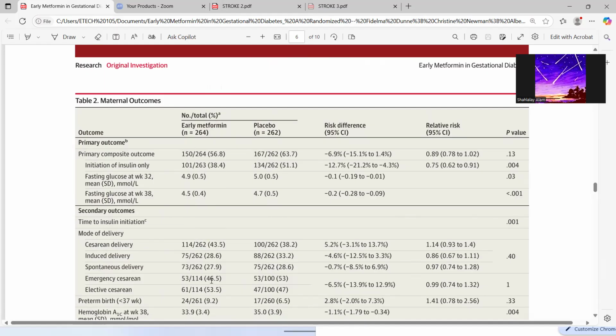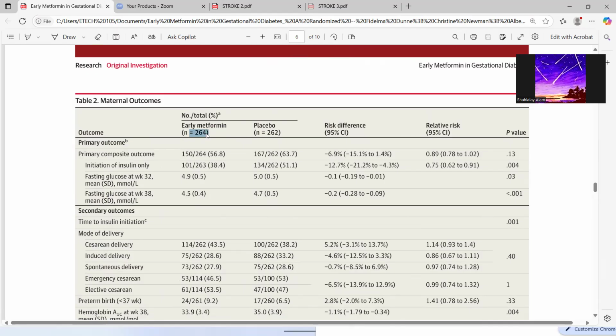Yes, if individual totals are not specified with each outcome, then you are supposed to extract the one total, the one which is given with the intervention. Then it means that this total number is the same for all the outcomes. But if individual totals are reported, then you are supposed to extract data for these individual totals. Okay, so this was something about the totals.